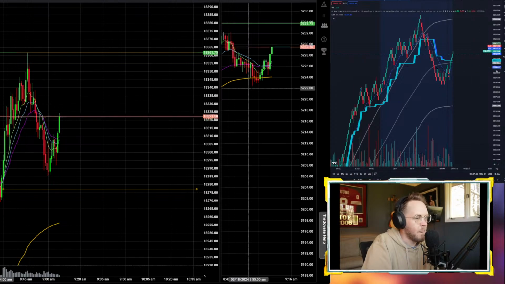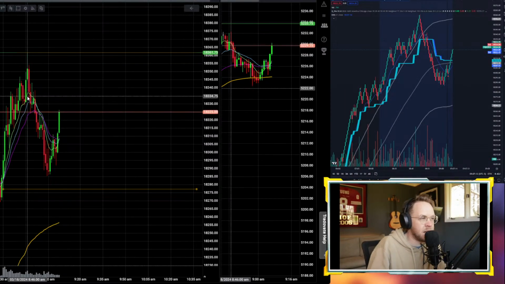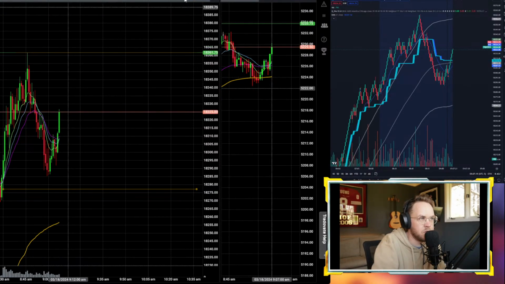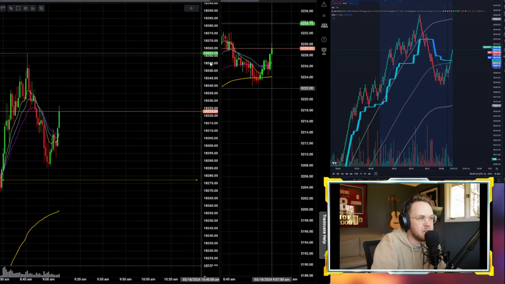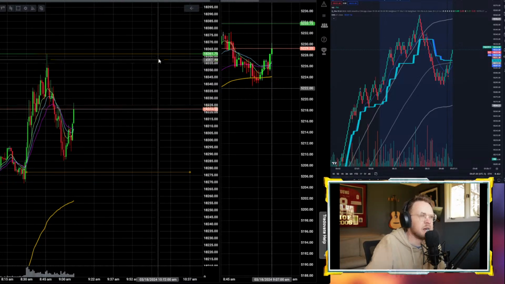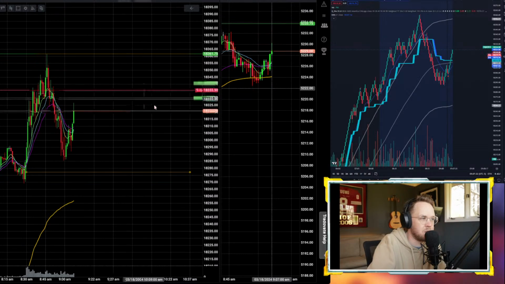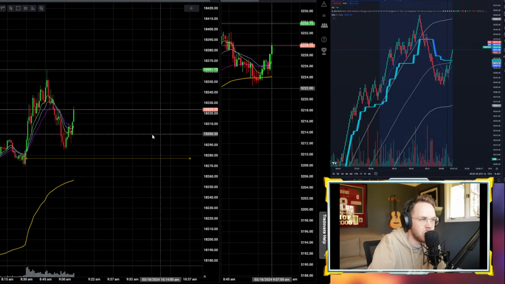I'm going to be scalping on my TopStep funded account with OCO orders. I'm going to be scalping 1-to-1 risk reward, 5-handle target with a 5-handle stop. As you can see here, if I place an order, we've got a 5-handle stop and a rough 5.5 handle target.